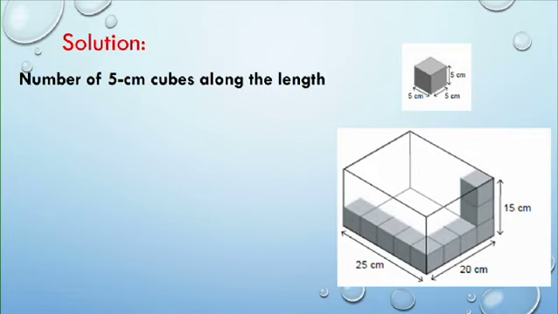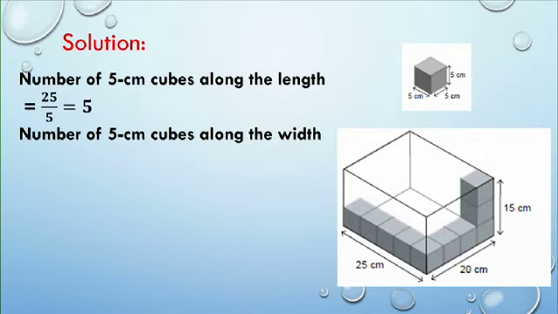How many 5 centimeter cubes will I need along the length? So here's the length, 25 centimeters, and I'm going to fit in 5 centimeter cubes. These smaller cubes will fit in the bigger one. So here I'm going to have 25 divided by 5. So I will need 5 cubes along the length. Now, along the width, which is 20 centimeters, it's going to be 20 divided by 5.